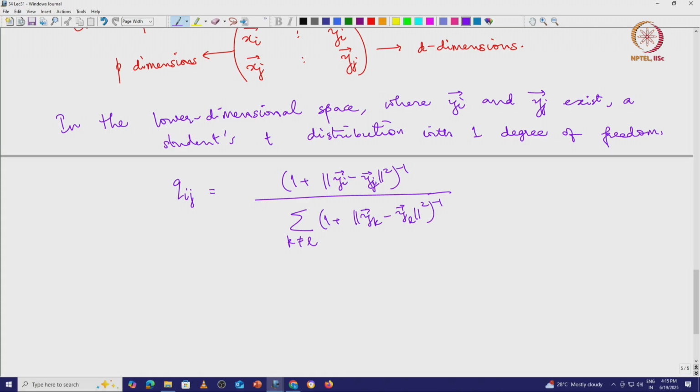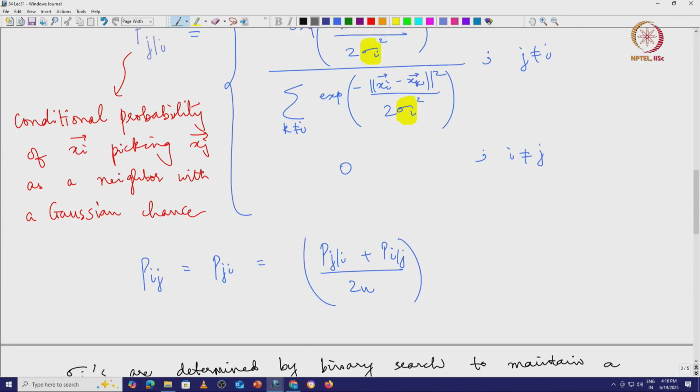And now given this way to define similarity, we still have to find what yi and yj are. So to determine the points y1, y2 up to yn, remember there are n points, you minimize the difference between the two distributions, the distribution represented by the qij's and the distribution that is represented by the pij's.